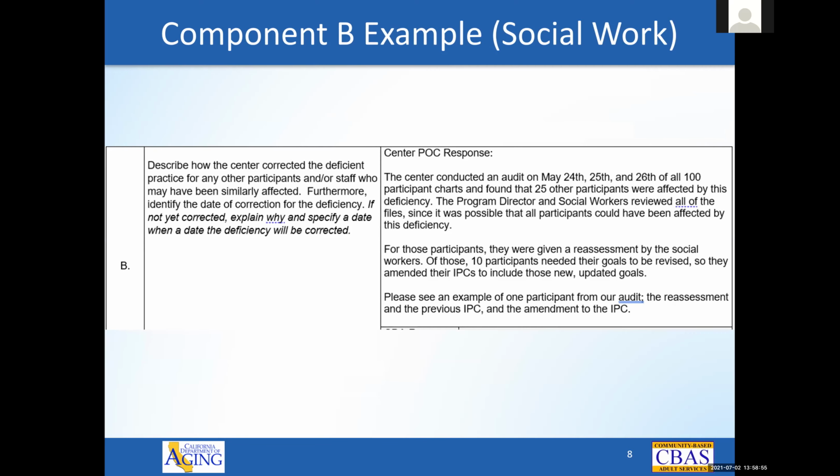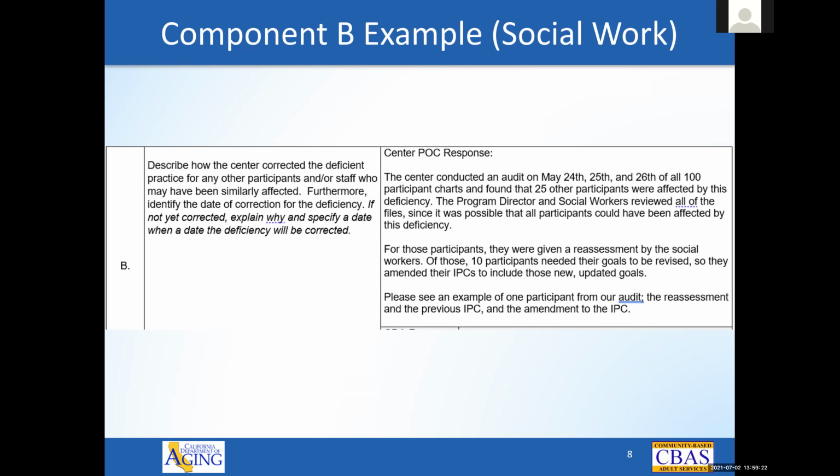Thanks, Ivan. So for the component B example with social work, the center conducted an audit on May 24th, 25th, and 26th of all 100 participant charts and found that 25 other participants were affected by this deficiency. The program director and social workers reviewed all of the files since it was possible that all participants could have been affected by this deficiency.